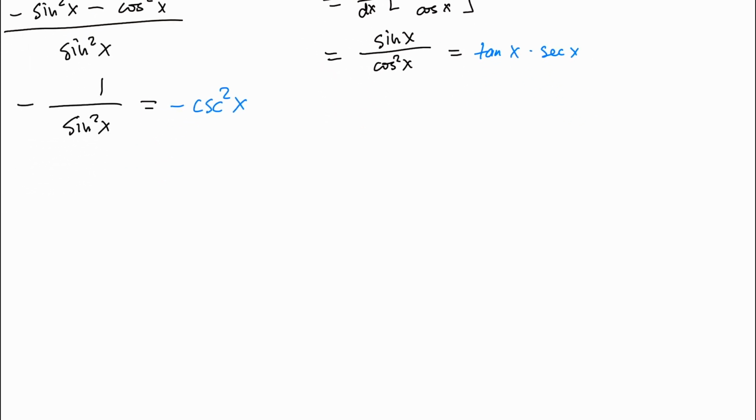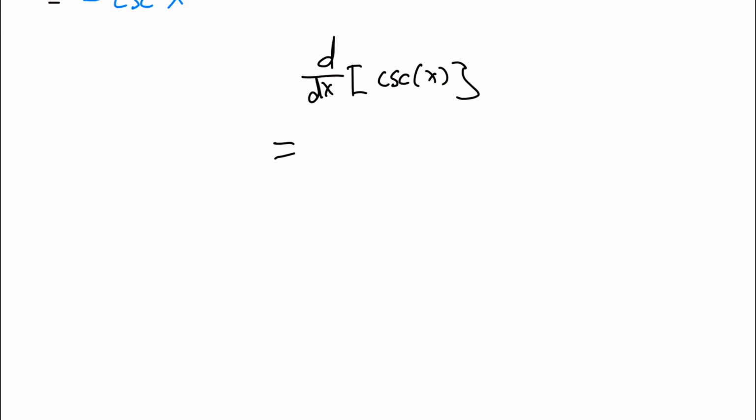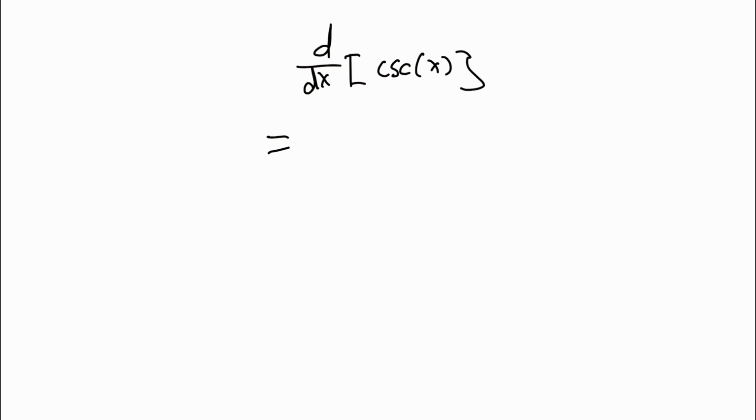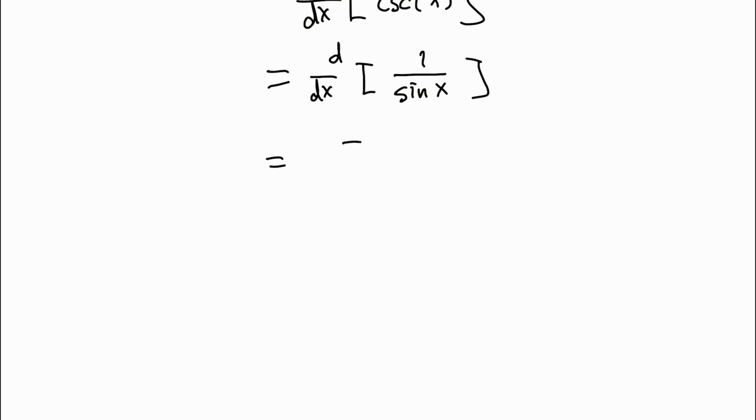And our last derivative would be the derivative of cosecant of x. And that, we can simply use 1 over sine x as our rule. And again, we will need to use the quotient rule over here. We get negative cosine of x over sine squared of x.